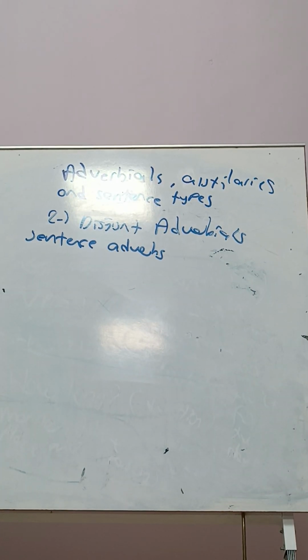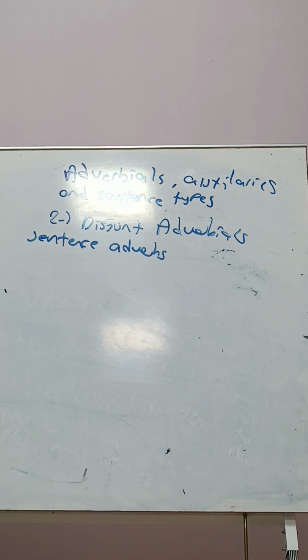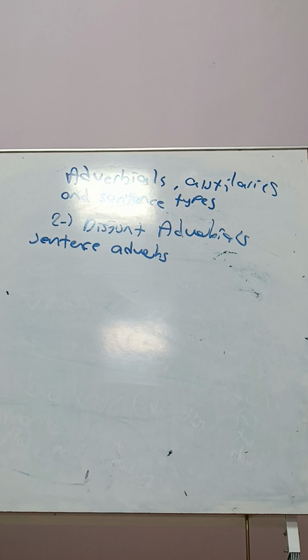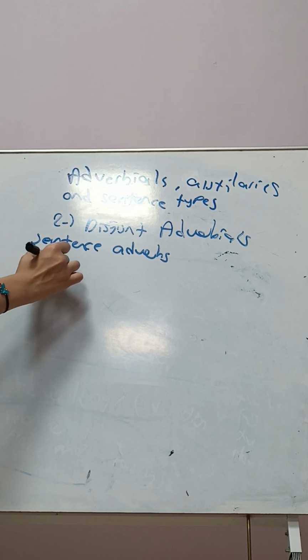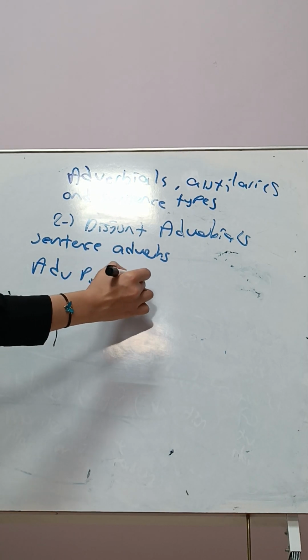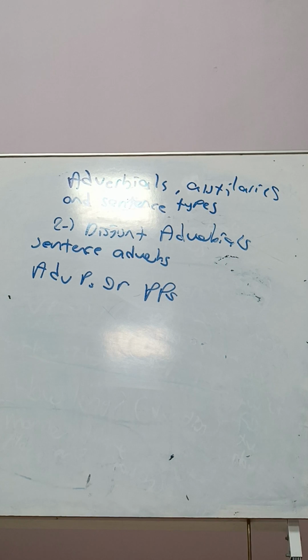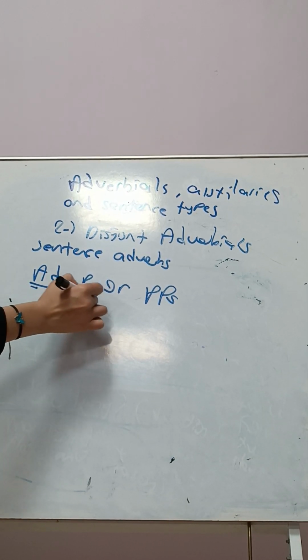They denote the speaker's attitude or judgment of the proposition, expressing, for example, the speaker's degree of truthfulness or his manner of speaking. As in the case of adjunct adverbials, adverb phrases may serve as disjunct adverbials. For example, let me give an example for that one.